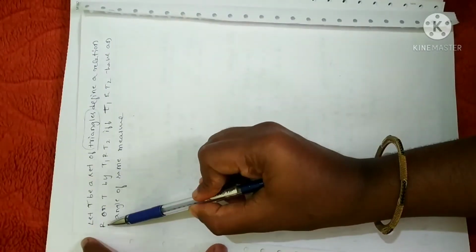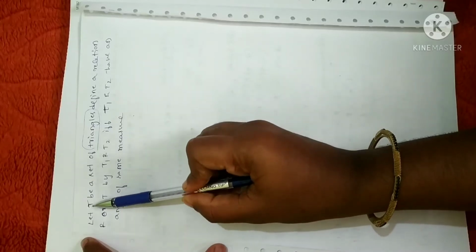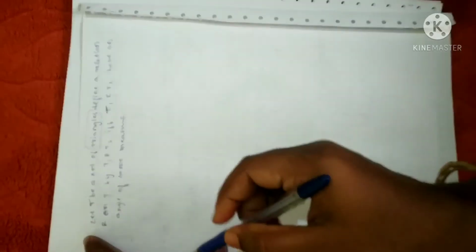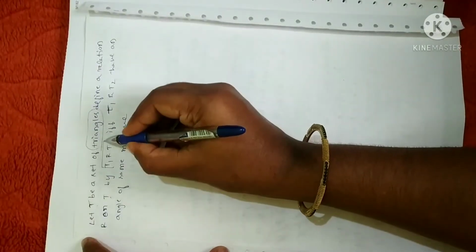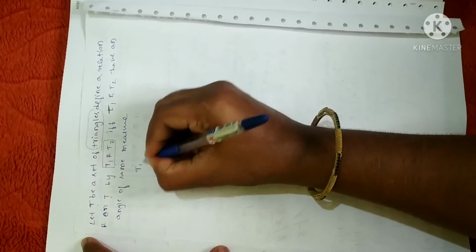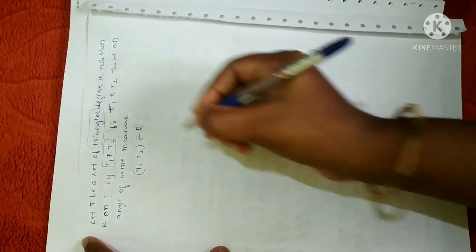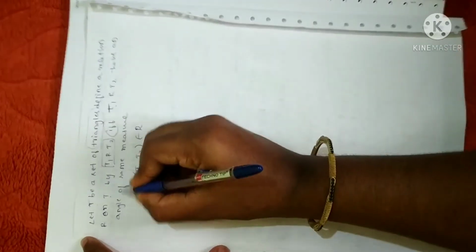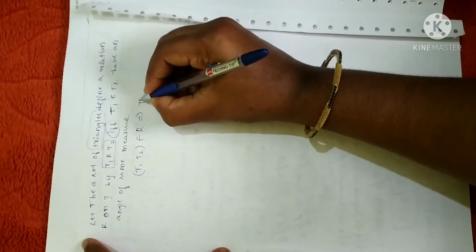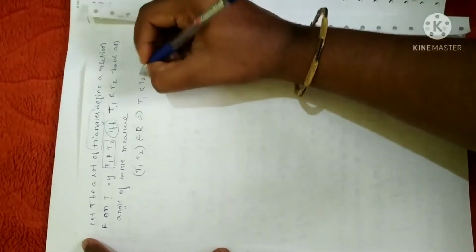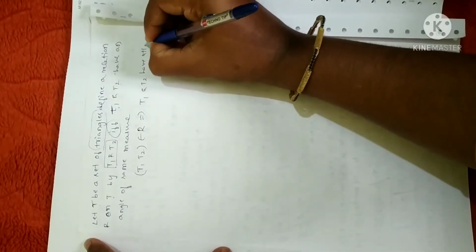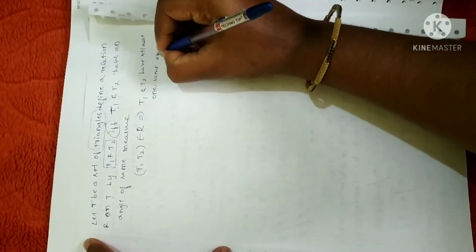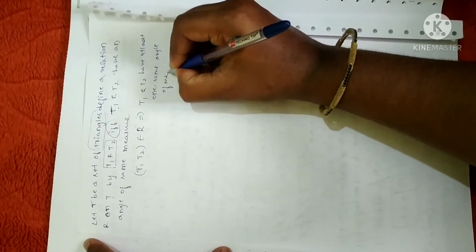Define a relation R on T, such that T1 is related to T2, meaning T1, T2 belongs to R, if and only if T1 and T2 have an angle of the same measurement. In the sense, both triangles T1 and T2 have at least one angle of the same measurement.